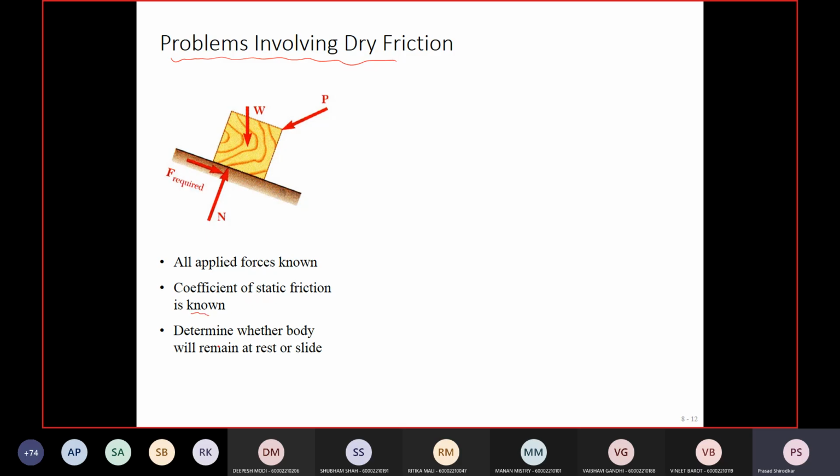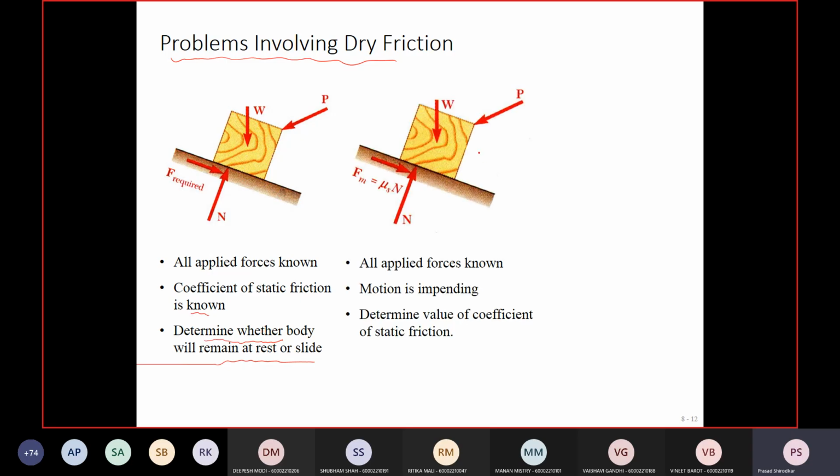We have to determine whether the block will slide or will remain at rest. In the second case, all the applied forces are known, motion is impending, and you have to find the coefficient of static friction. That is another type of problem that will be solved.